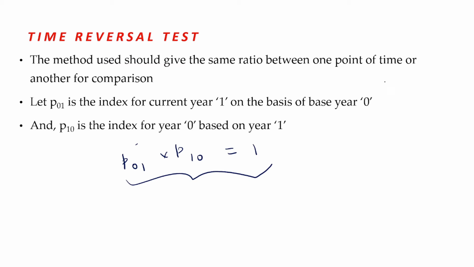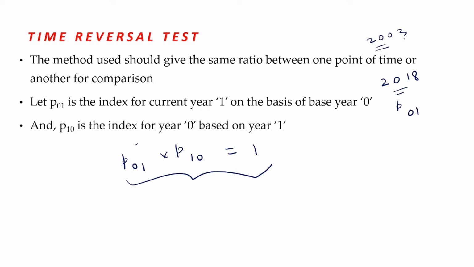Now say for example, if we have the index for 2020 with 2003 as the base year. No need for 2020, it is not a normal year, let us take 2018. If we have an index for 2018 with 2003 as base year, then it is given by P01.